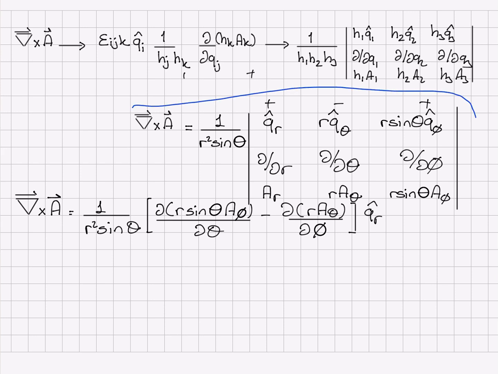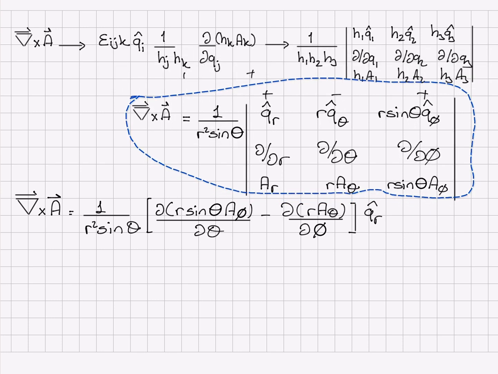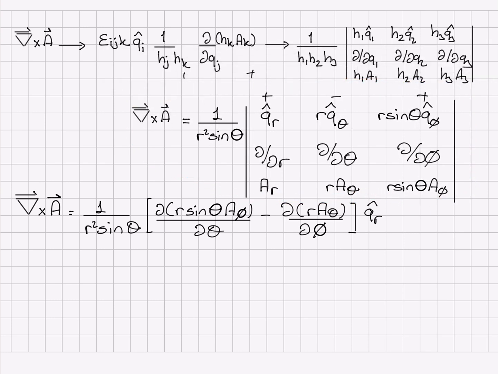Let's move this up a bit. All right. And as for the second term here, I have minus r q_theta hat times 1 over r squared sine theta. So this will give me plus 1 over r sine theta.